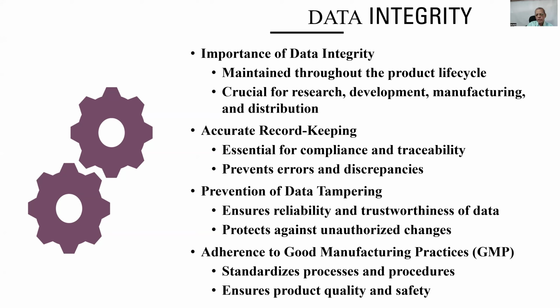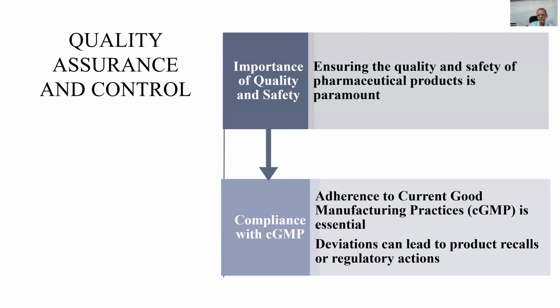This requires accurate record keeping, essential for compliance and traceability, and prevents errors and discrepancies in the data. Prevention of data tampering is very important. This ensures the reliability and trustworthiness of data and protects against unauthorized changes to any records. Adherence to good manufacturing practices is essential, which standardizes the processes and procedures and ensures product quality and safety.